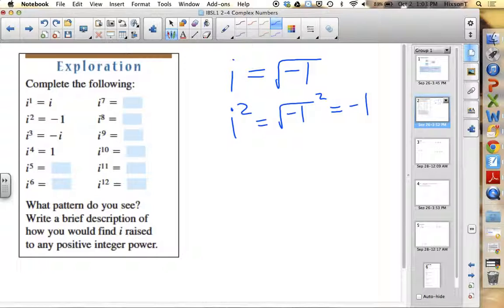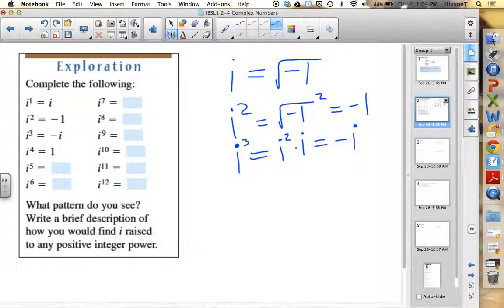If you kept going, i cubed. Well, i cubed is the same thing as i squared times i, right? Well, what's i squared? Negative 1. So, what's negative 1 times i? Negative i.